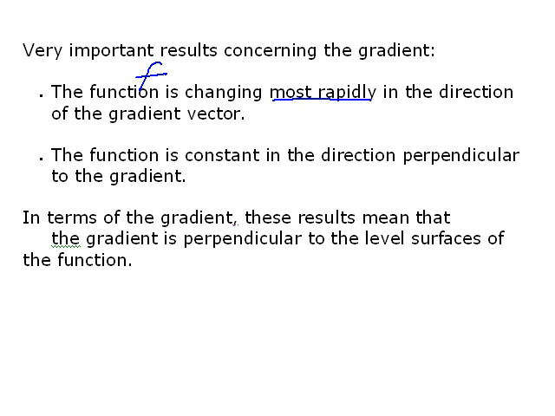It is decreasing most rapidly in the direction 180 degrees from the gradient. And the function is constant in the direction perpendicular to the gradient. That means the gradient is perpendicular to those level surfaces, or what you would call those contour surfaces, or the traces in z of the function itself. And that will be shown and discussed more in the next lecture.